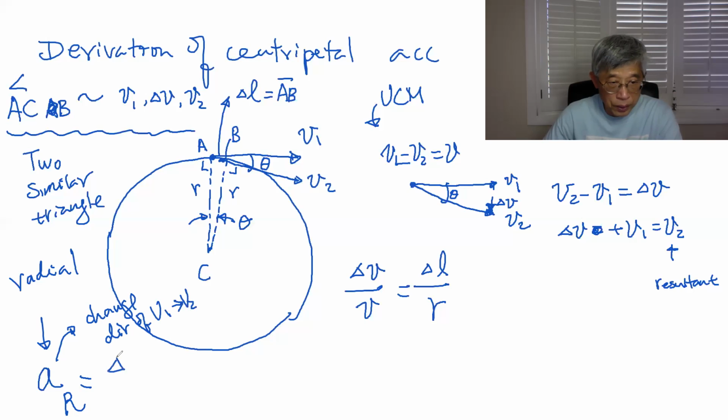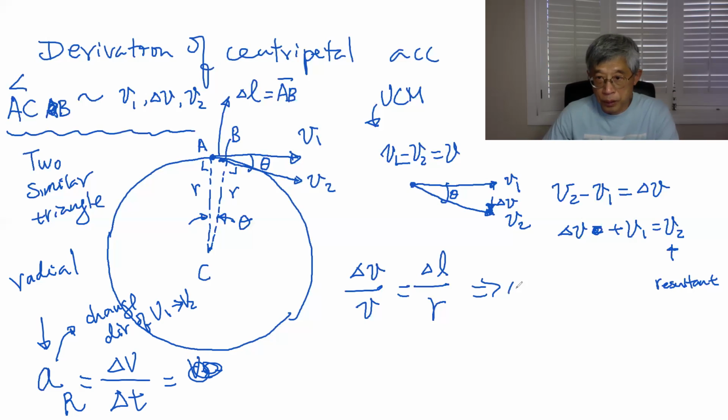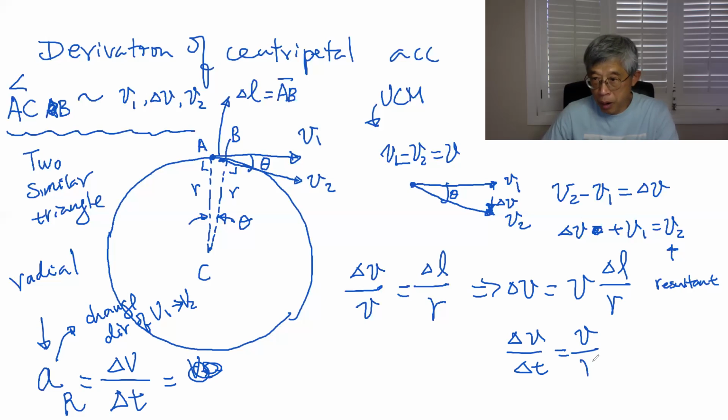So this is delta V divided by delta t, okay? Here, delta V is equal to V delta L divided by R. So then delta V divided by delta t will be V divided by R, and then delta L divided by delta t.